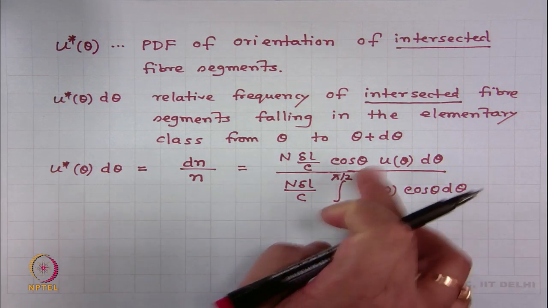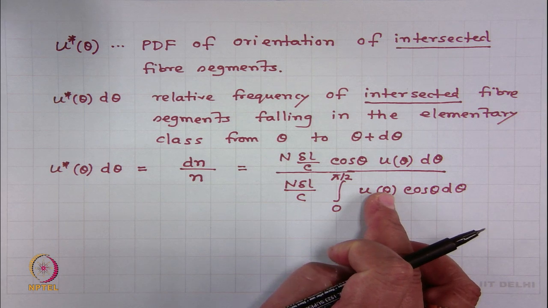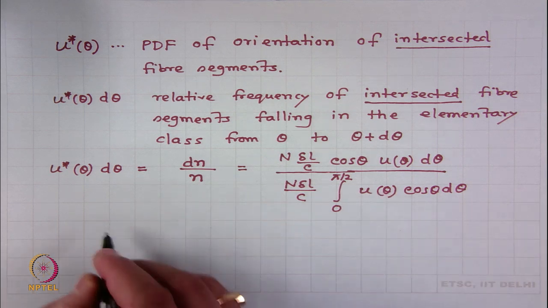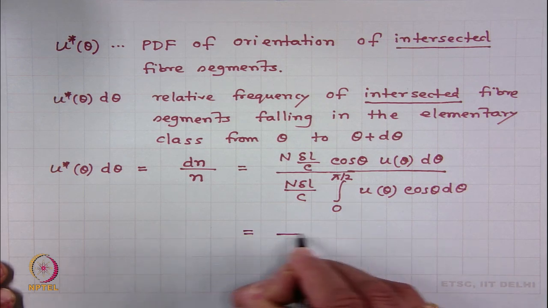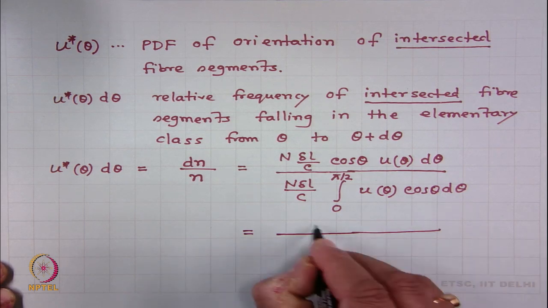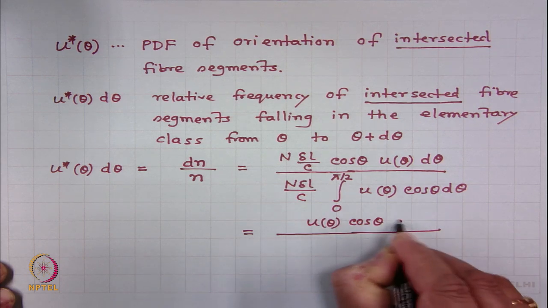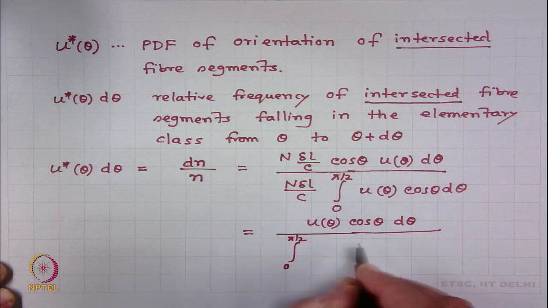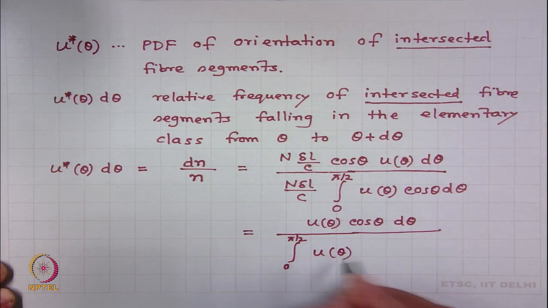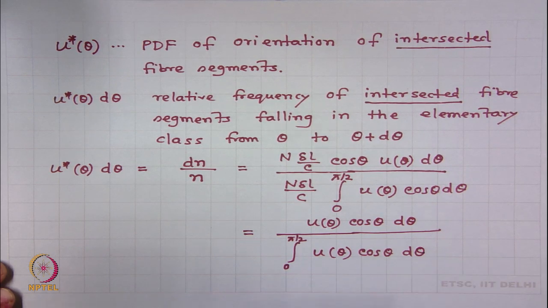So, these two we have derived today. So, what it becomes is u theta cos theta d theta divided by integration 0 to pi by 2 u theta cos theta d theta.